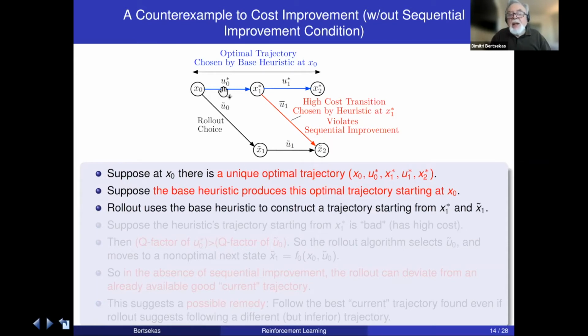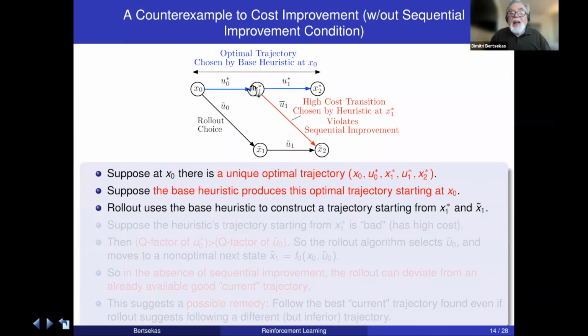It will consider one control and the second control, and then run the heuristic from each one. Now, the heuristic at x1 tilde has no choice but to bring you to x2 tilde. So one trajectory corresponding to one Q factor, the Q factor corresponding to u tilde 0 is this one.